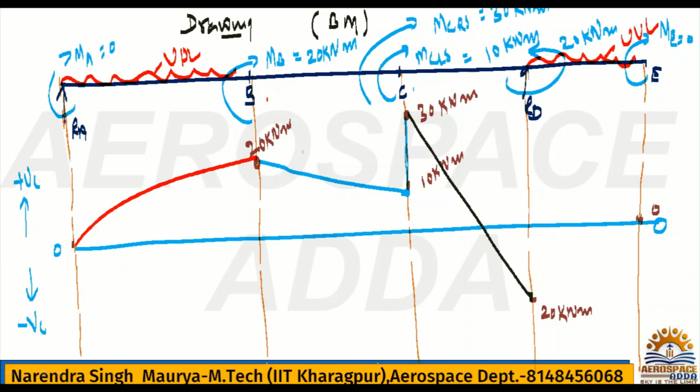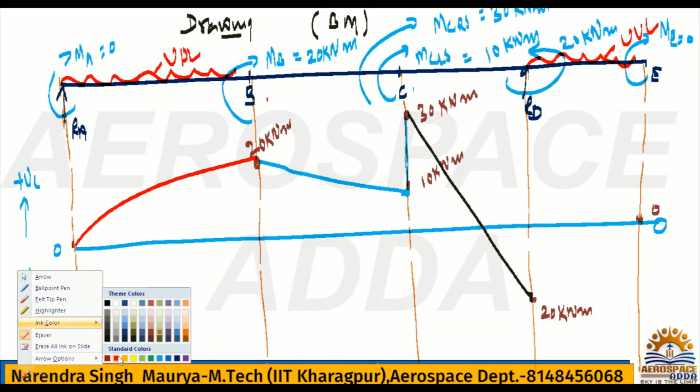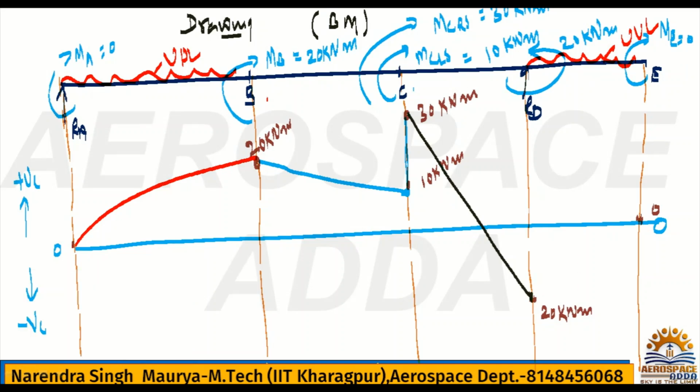That means more curvature will come, something like this. This is more curvature, because it's a cubic. You have to show what a cubic looks like.